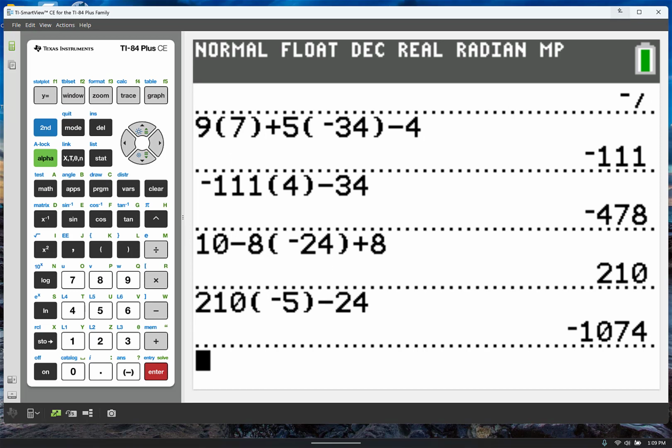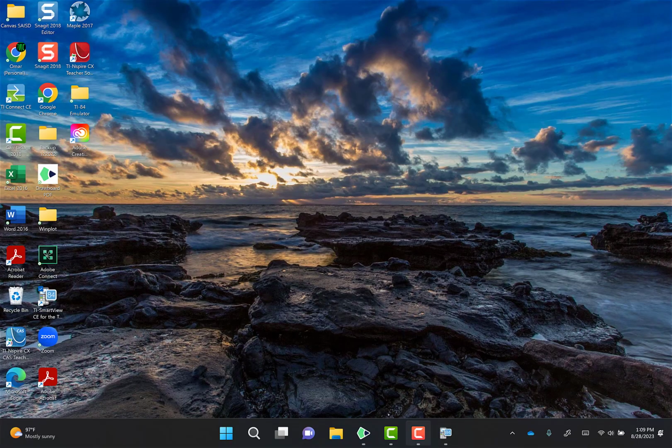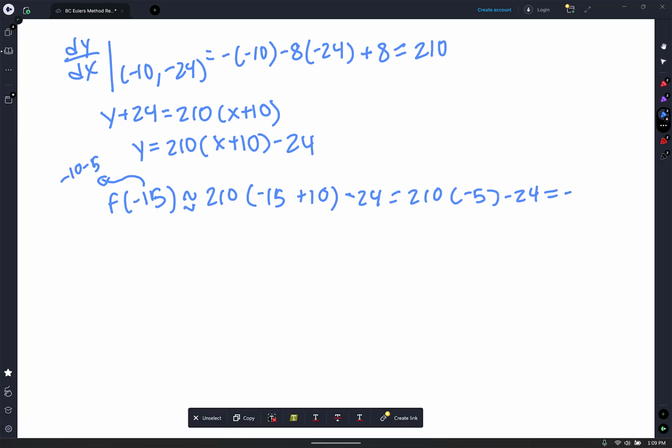Negative 1074, which is what I got last time, so that helps me a bit. And there we go. The approximation for f of negative 15 is negative 1074. Good job.